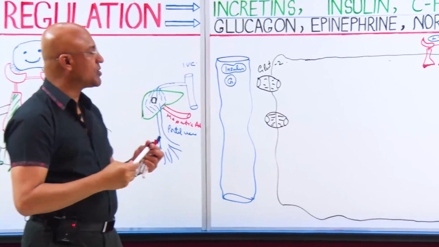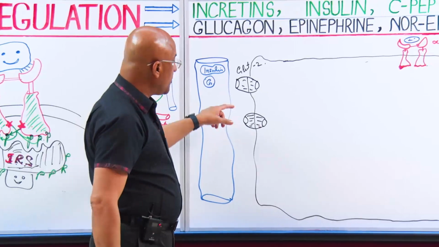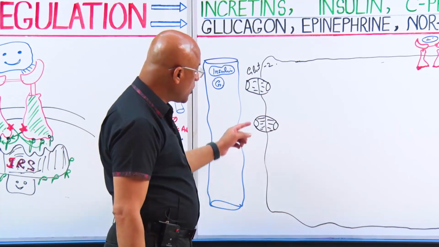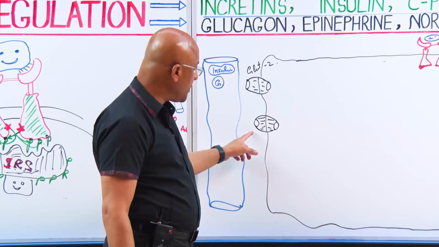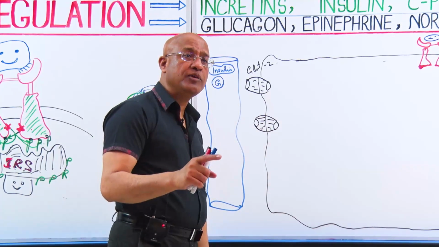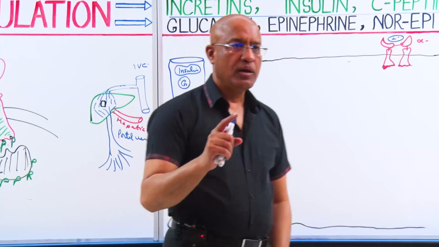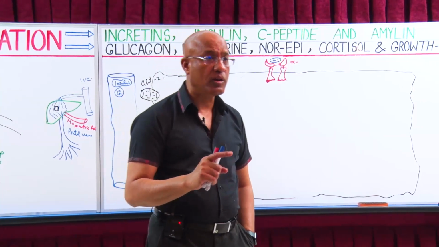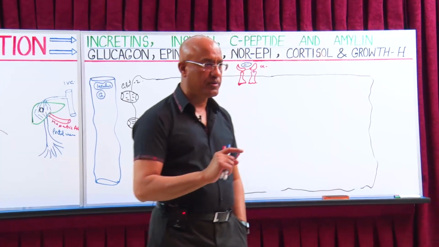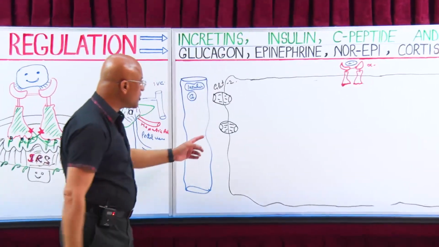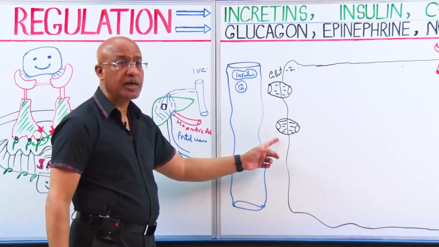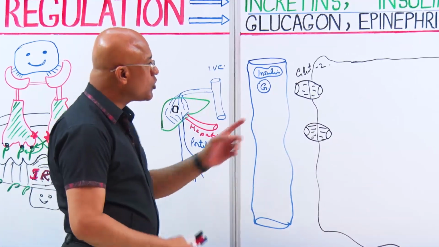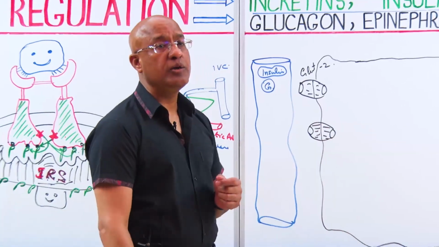As I told you previously, GLUT2 were present on beta cells of pancreas, GLUT2 are present on hepatocytes, on the basolateral membrane of the gastrointestinal system, and on the basolateral membranes of nephrons, right? Now, hepatocyte membranes have which kind of glucose transporters? GLUT2.